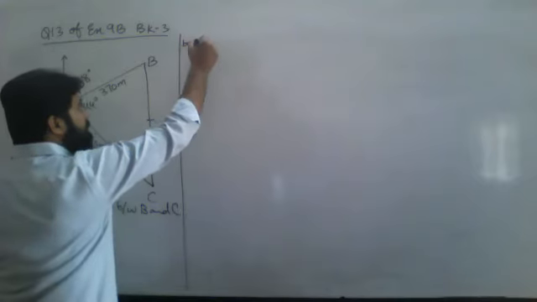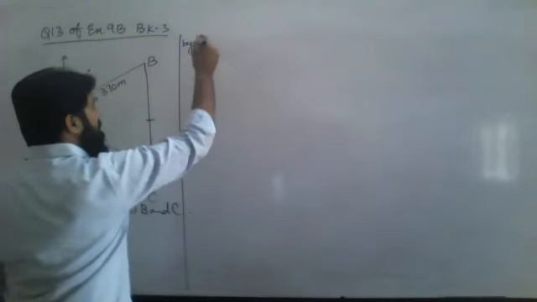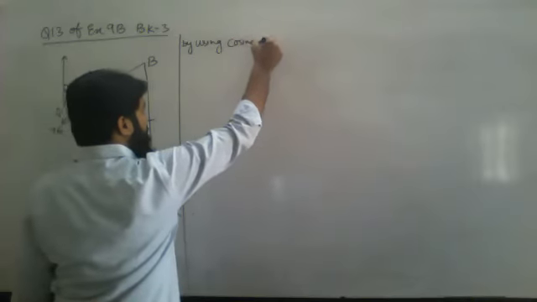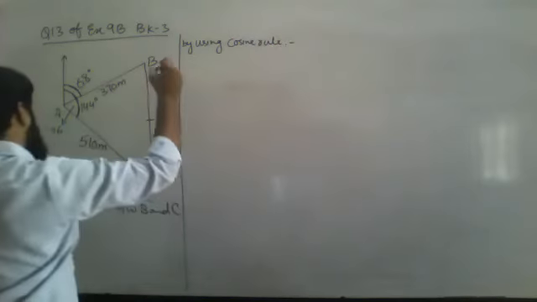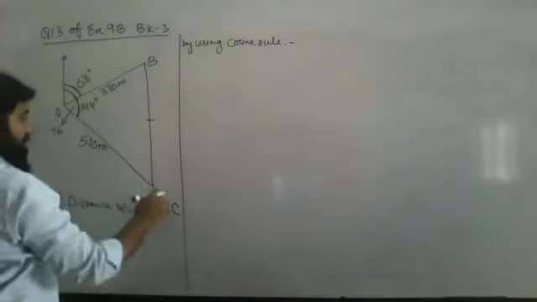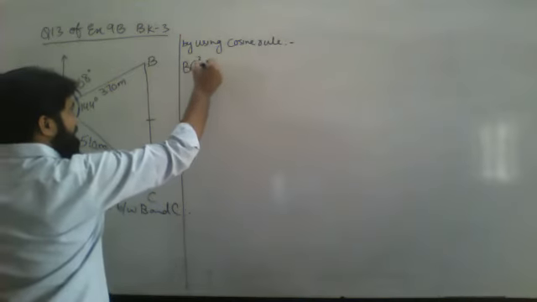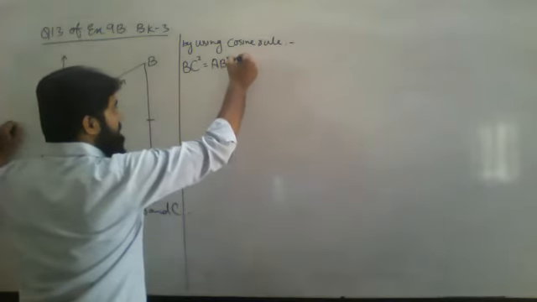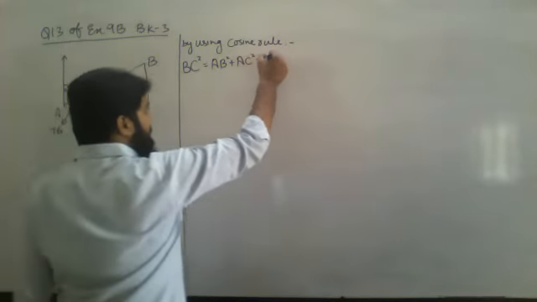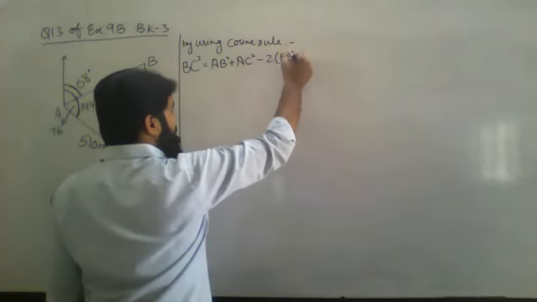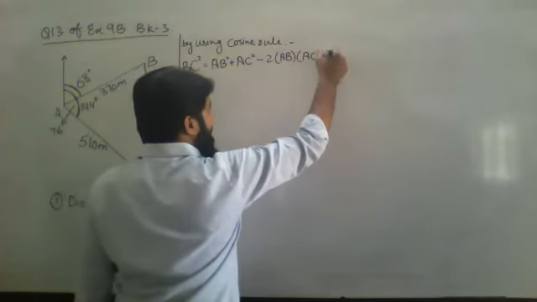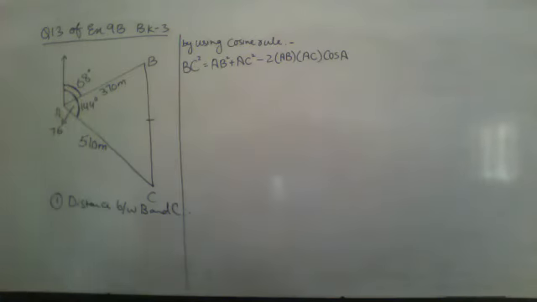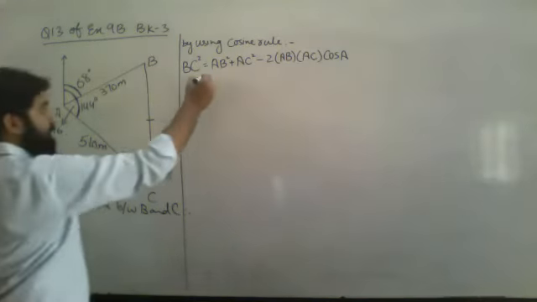Now for the length BC, by using the cosine rule. What is the cosine rule? The cosine rule says that if you have to find BC, that side squared will be equal to AB square plus AC square minus 2 times AB AC cos of A. So what's your AB given over here?